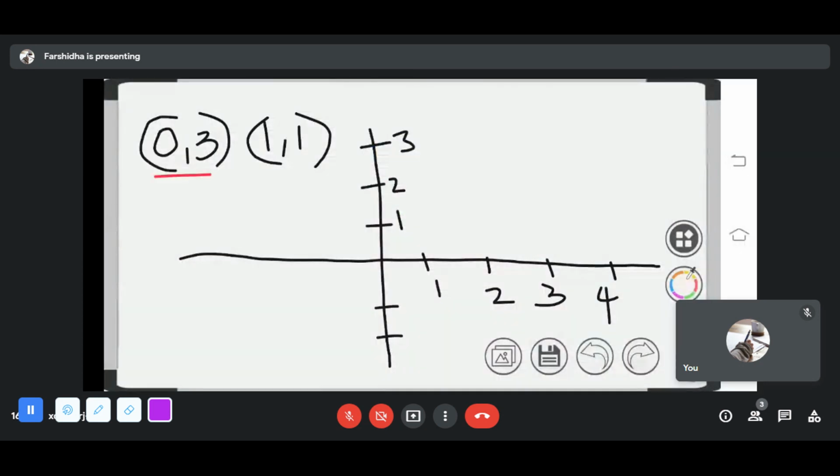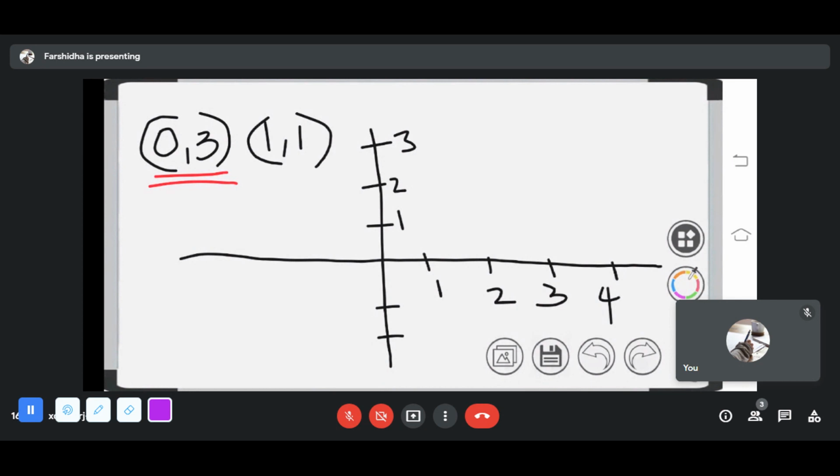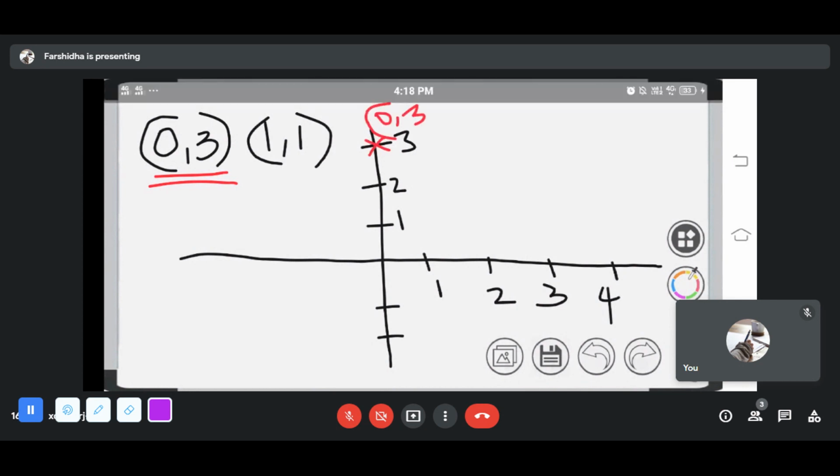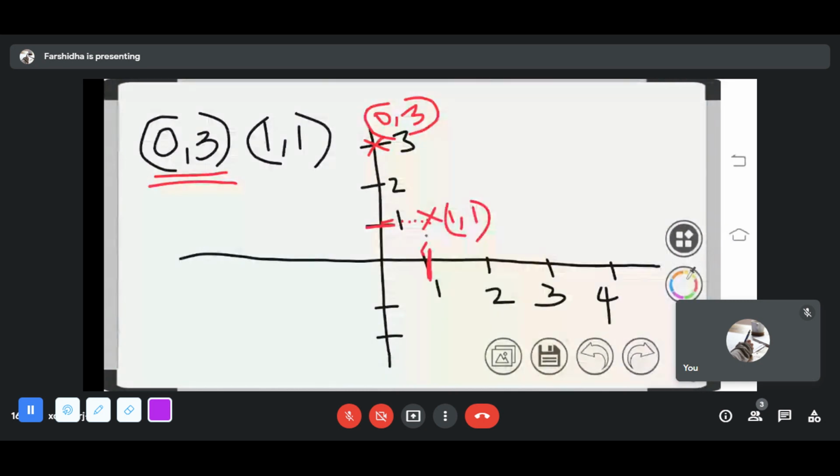X axis is 0, so nothing on x axis. Y axis 3. So this is your point (0, 3). Now for (1, 1), here. You can join the points.